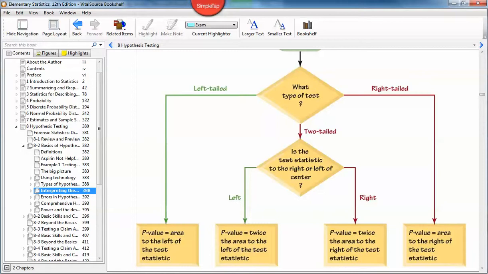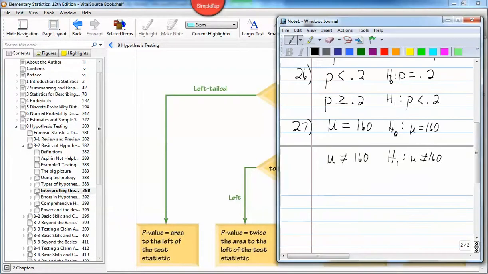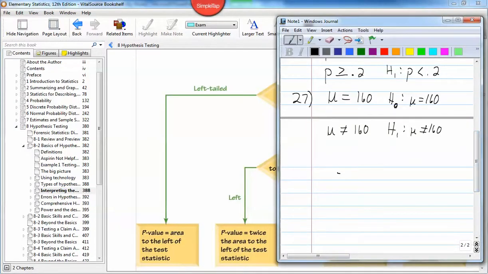Okay, so once we know that it's two-tailed, then we know we're going to have a critical region on both sides. So if the test statistic is to the left of the center, that means it's going to be negative. So let's say our test statistic was right here.